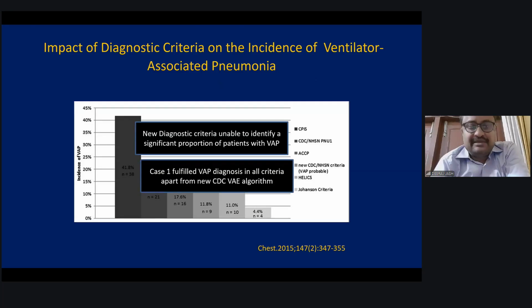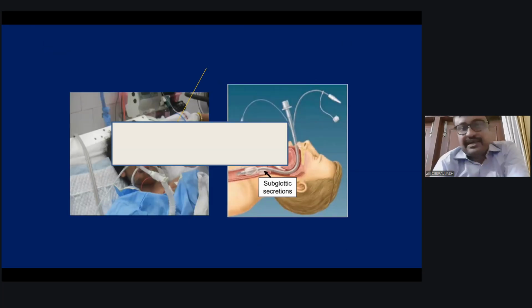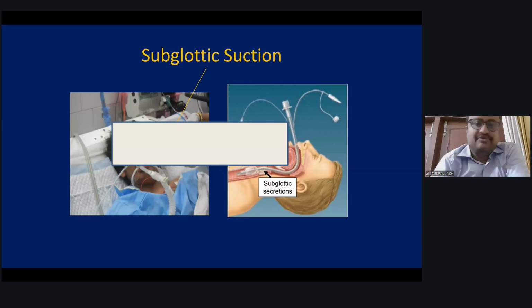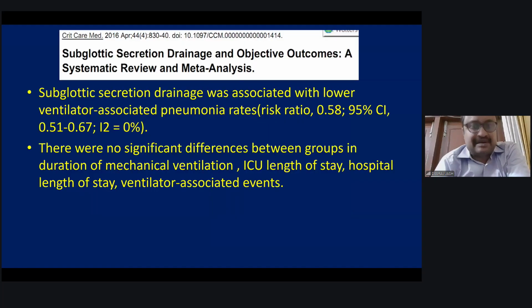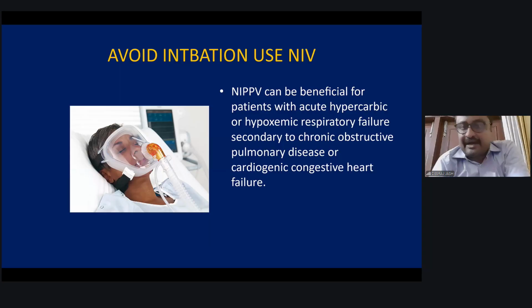So what are the methods we should use in reducing or preventing VAP? Number one is subglottic suction, which we will discuss again in our panel discussion. Avoid intubation as much as possible.